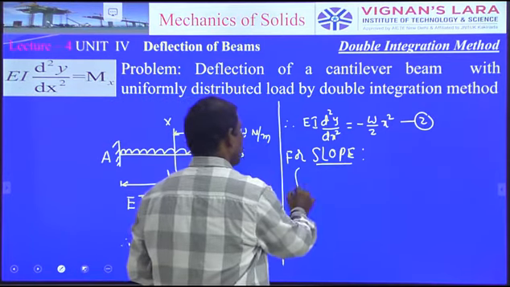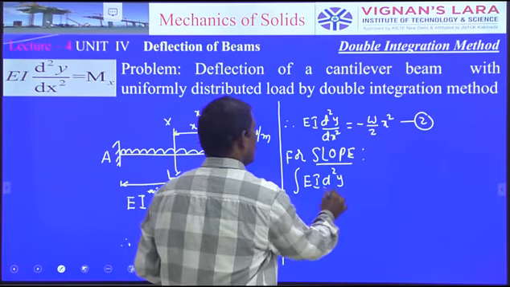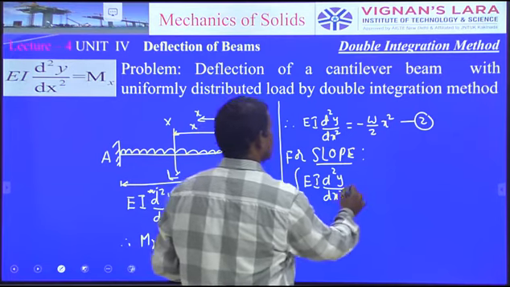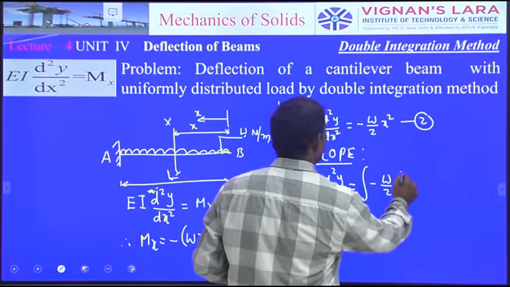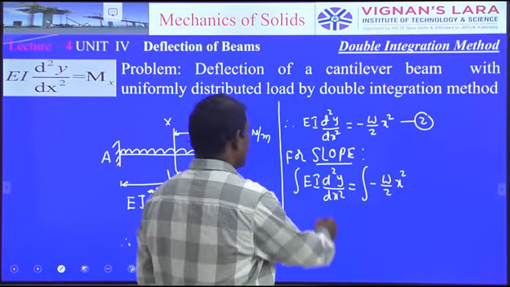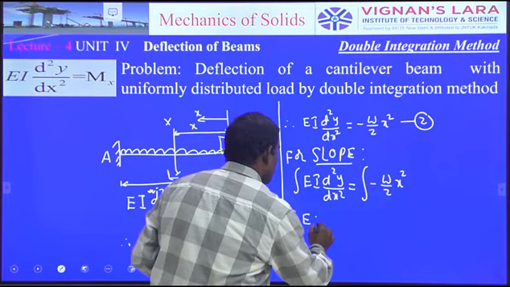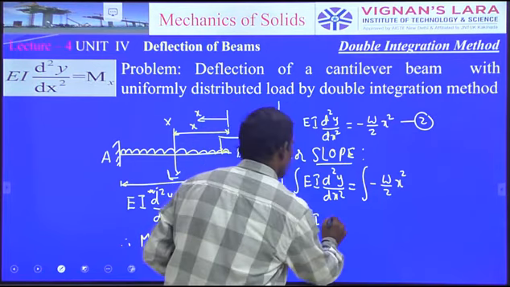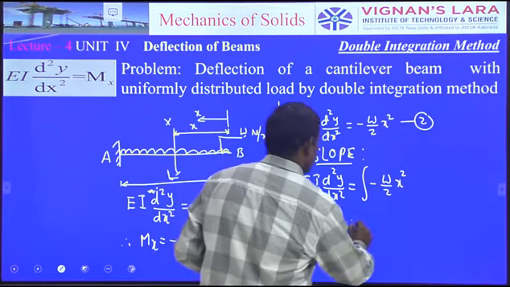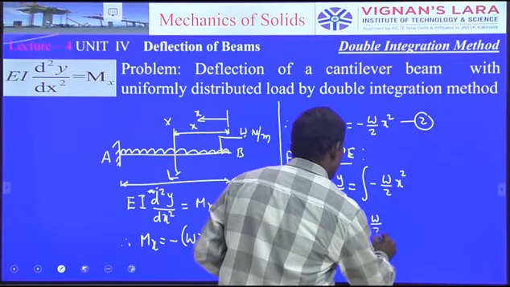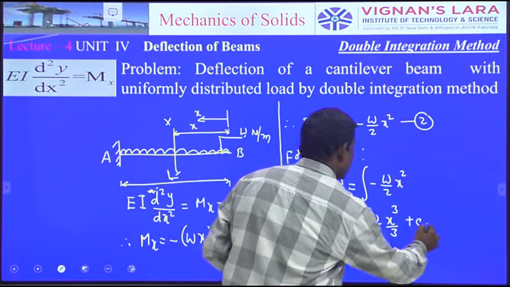So integral EI into d square y by dx square is equal to integral minus w by 2 into x square. After performing the integration, the above equation becomes EI into dy by dx is equal to minus w by 2 into x cube by 3 plus c1.